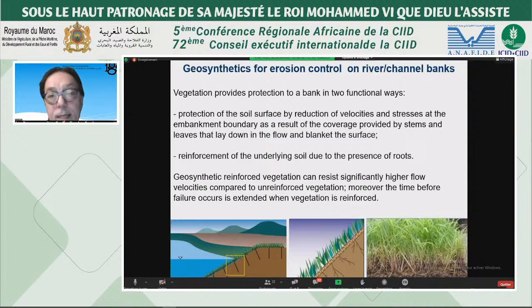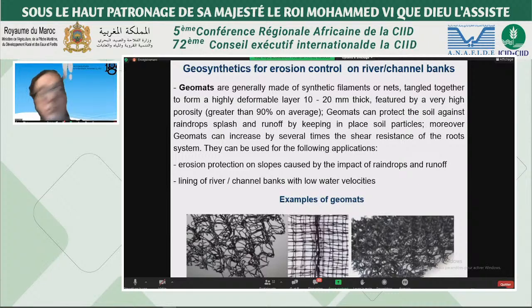D'abord, une protection en réduisant la vitesse de passage de l'eau à travers le feuillage, mais également à travers les racines. La végétation renforcée par les systèmes géosynthétiques peut être de manière significative beaucoup plus résistante.